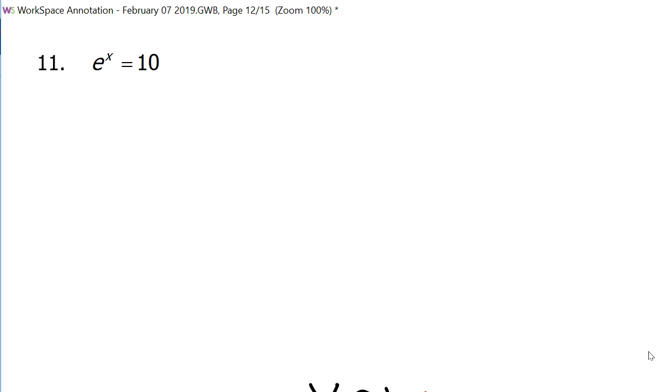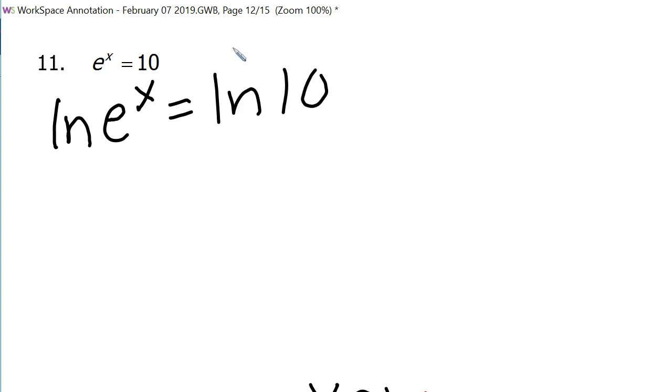Okay, these last 4, they won't take as much time. But number 11, we have to solve for x. And what does the instructions say? Use natural logs to solve. So we need to natural log both sides, so we'll have natural log of e to the x equals natural log of 10. And natural log of e, what happens there?